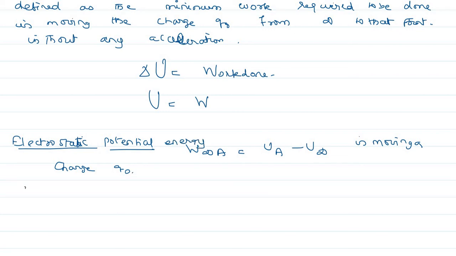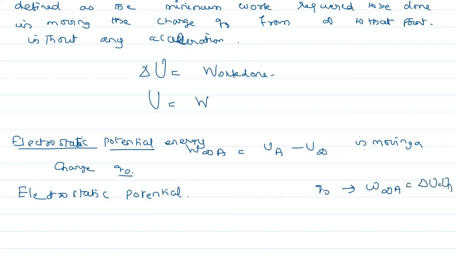When will you call it electrostatic potential? This is for Q naught charge. If you do the work, the amount of work done is W infinity to A, that is the change in energy, that is UA. This is for Q naught charge. That time you use electrostatic potential energy.